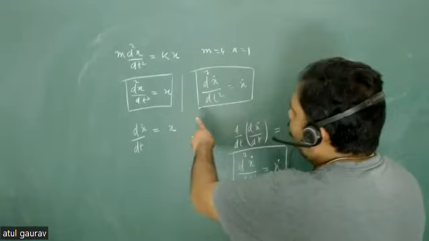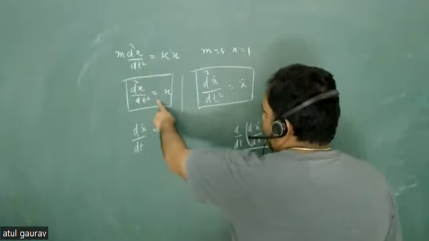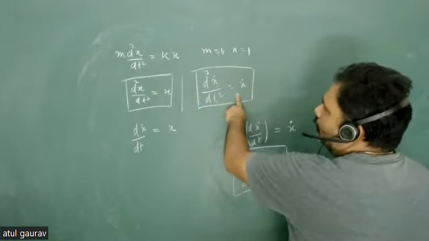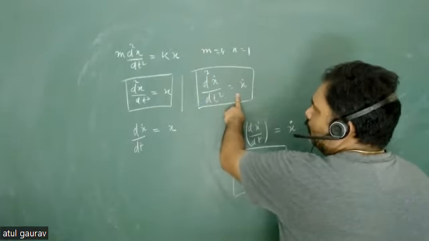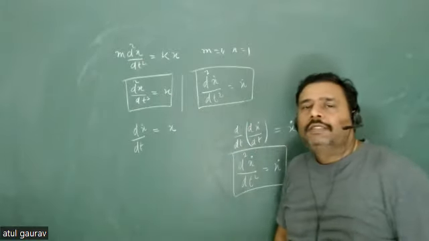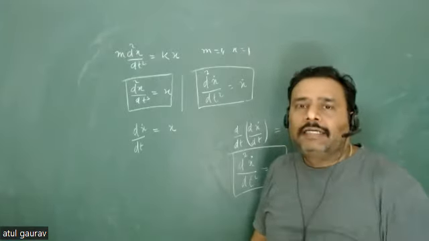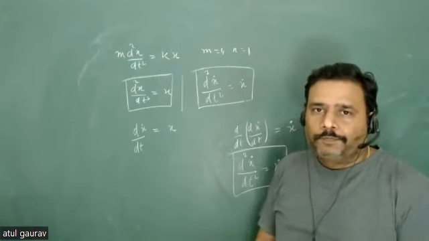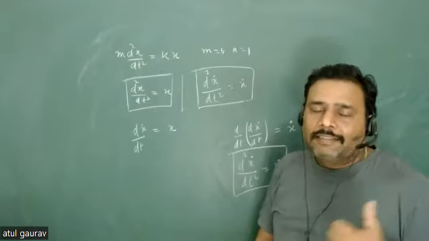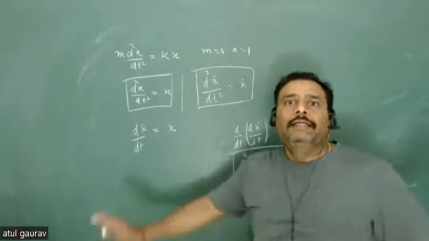But here, if you know the solution of x, you know the solution of x dot, and the profile of both is exactly the same. Maybe there are some changes in the constant, but the nature is exactly the same. Sir, this symmetry does not exist in any other system?